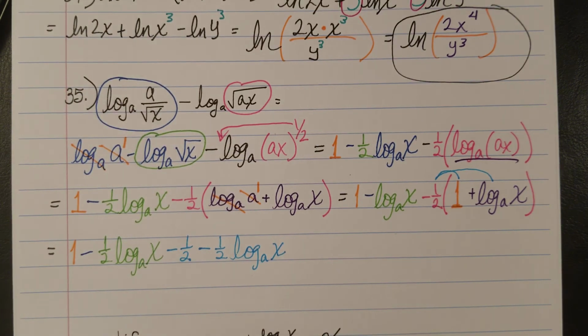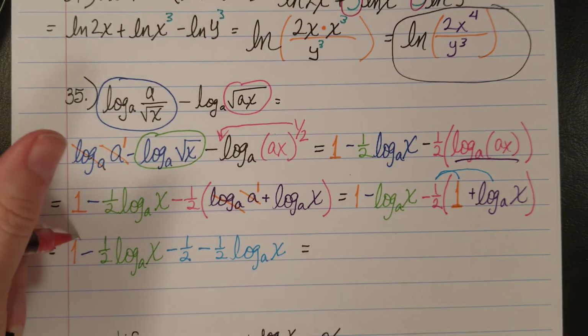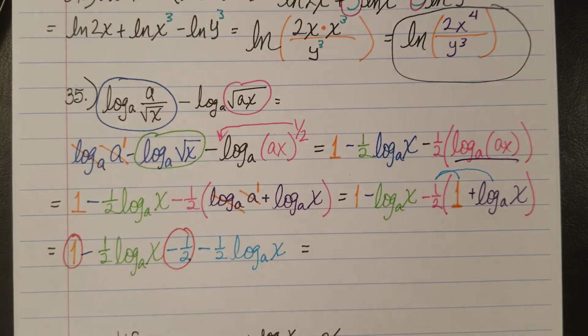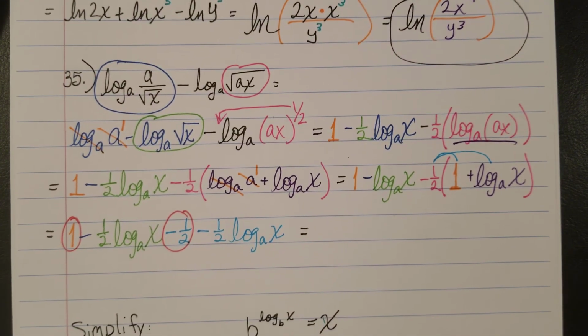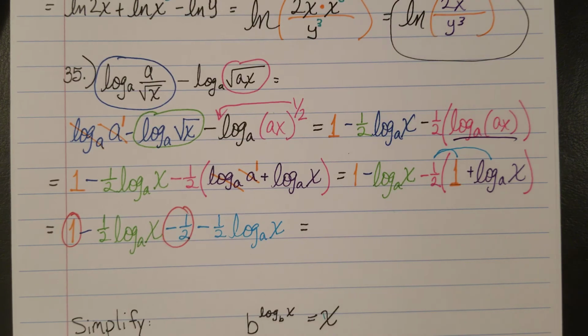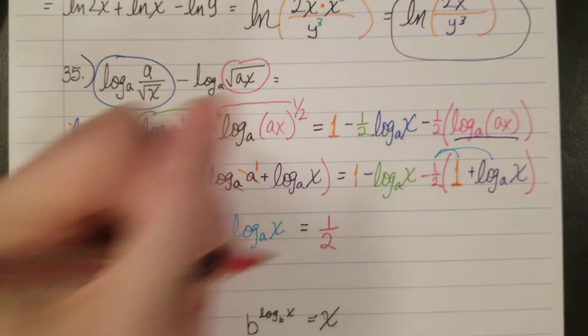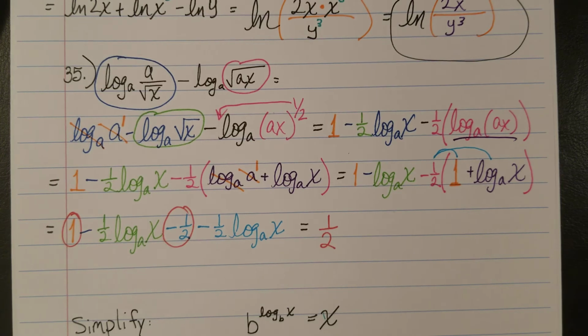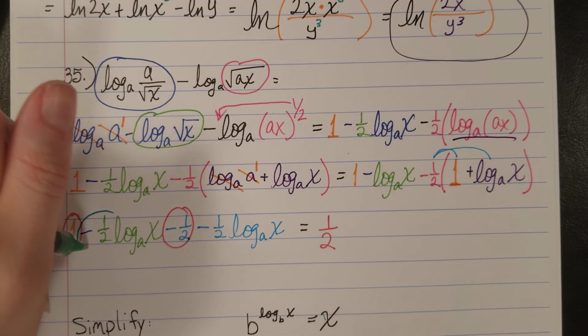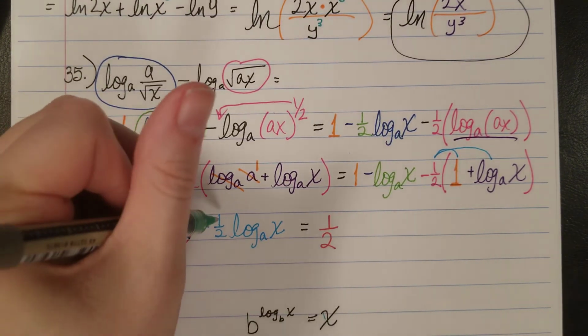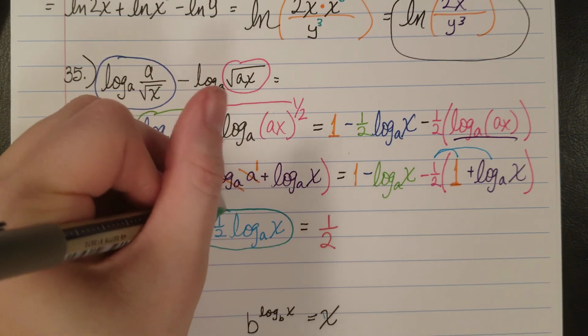All right, now basically we want to combine like terms. So 1 minus 1/2, those are the constants, so those are like terms. So 1 minus 1/2 equals 1/2. And then next we have negative 1/2 log base a of x minus 1/2 log base a of x.